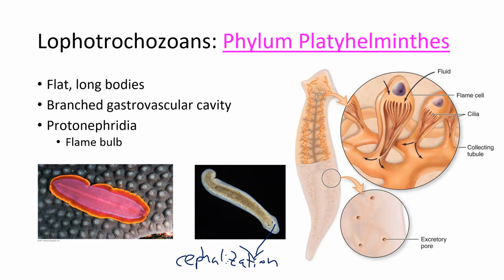And this is just showing you the flame cells. Remember those protonephridia? You've got the flame cell with the cilia that are beating, and that's just moving stuff through. And then they have these excretory pores to get things out. So again, very, very primitive nephron kind of structure, which you'll talk about kidneys later in the semester. But the same kind of idea.